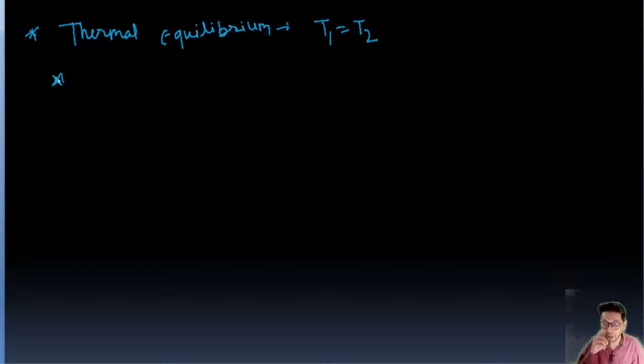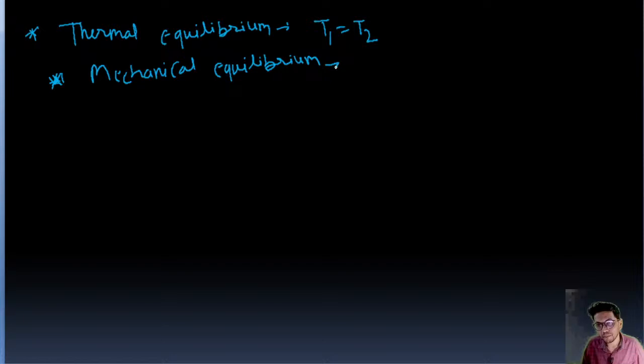Second is mechanical equilibrium. Mechanical equilibrium means the pressure will be the same, P1 equals P2. Third point is chemical equilibrium.